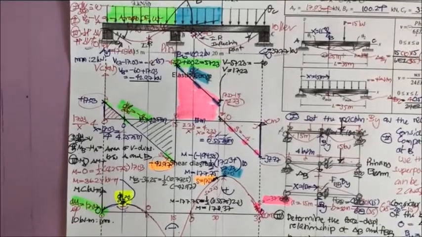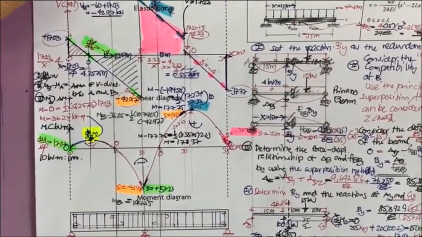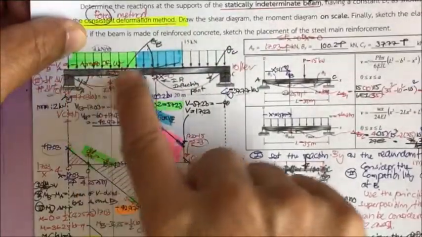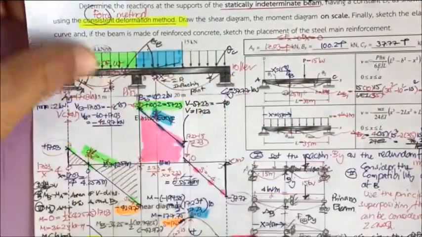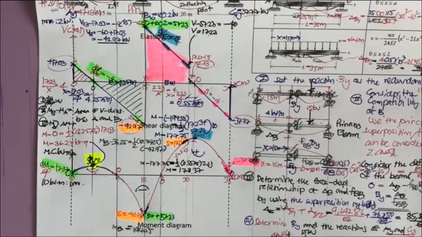Okay, your drawing is going to be very beautiful. And then finally, you also can draw the elastic curve here. You get the inflection point, and you may also draw this reinforcement.